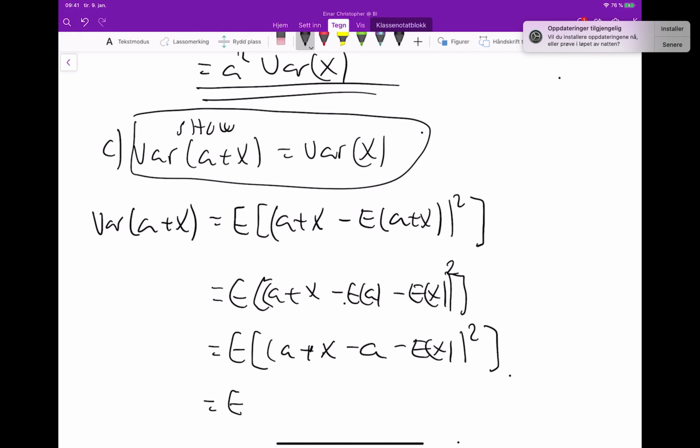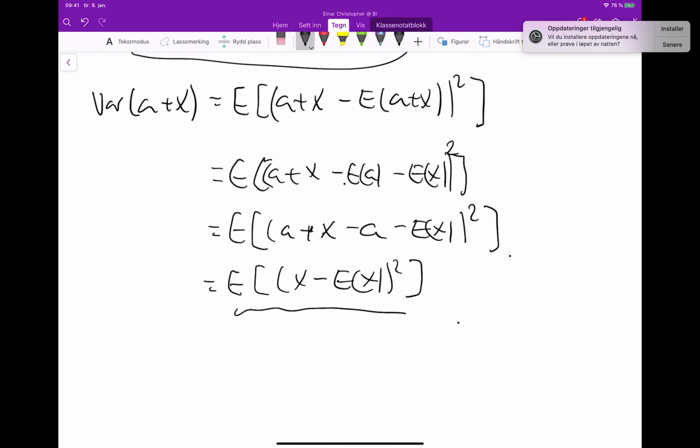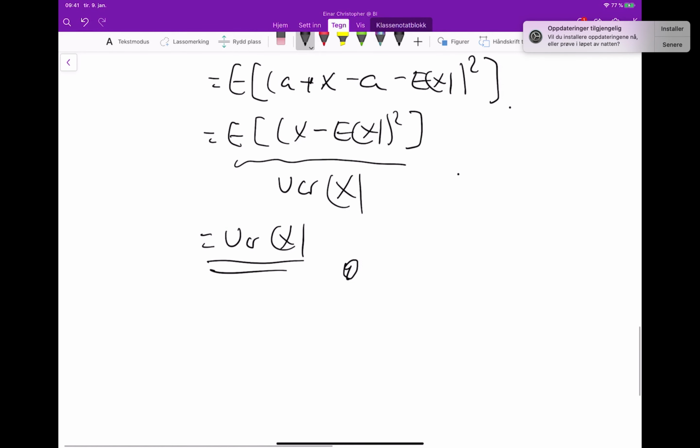And this is nothing else but the expectation of, because a cancels out a, so we get just x minus the expectation of x to the power of 2. And this is just the variance of x. So everything okay.